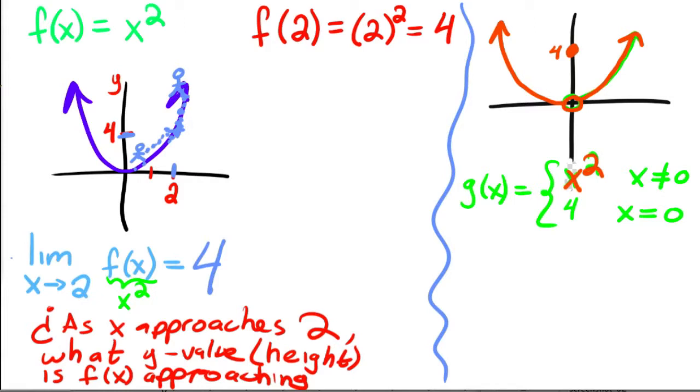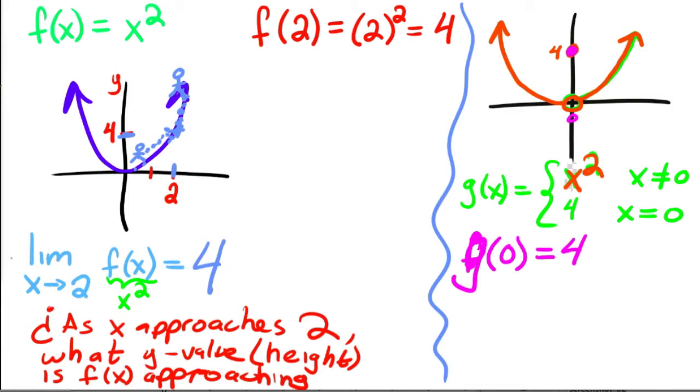Now, this time though, notice that if I ask what's g of 0, this time you would say that that function is equal to 4, because at x equals 0, that function's equal to 4.